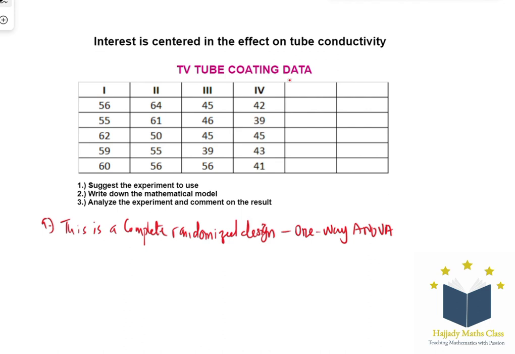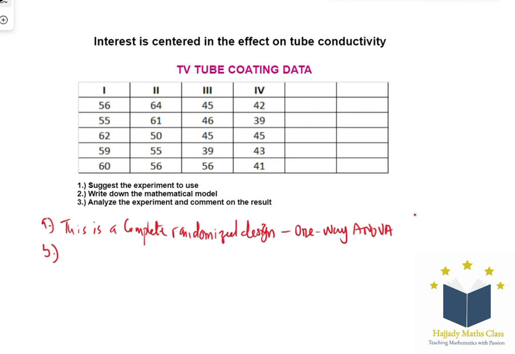The second question is to write down the mathematical model for this. You can check some of my previous videos for the proof of this model, how the model is gotten, the breakdown, the composition of the one-way ANOVA. I'm going to attach it at the end of this video.